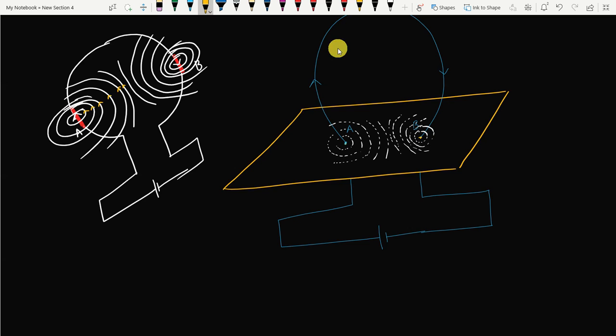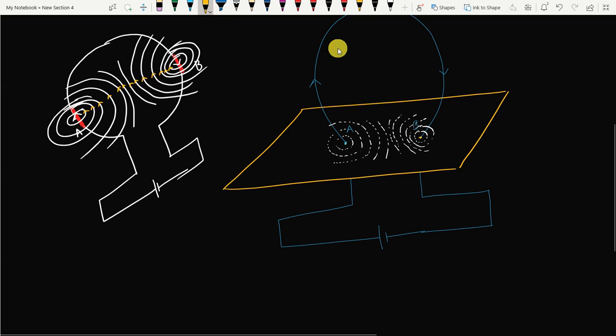So if I use the right hand grip rule, the magnetic lines would be clockwise. So if I mark the directions, you can see it very clearly that this would be the direction. So this is the pattern of magnetic lines formed in a circular wire.